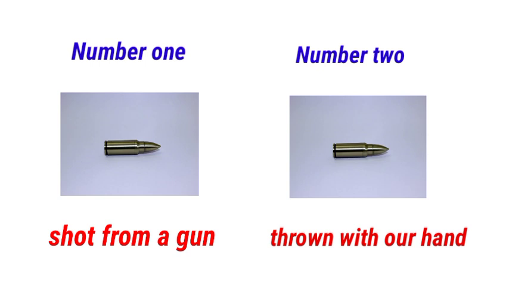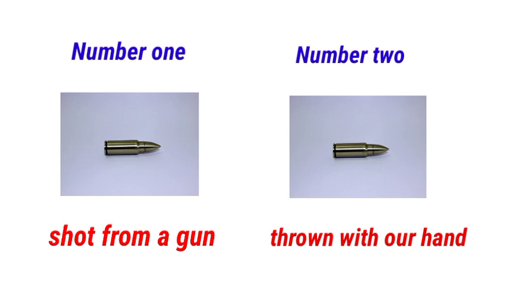The first bullet which was shot from a gun penetrates into the wall, but the second bullet which was just thrown with our hand hardly makes an impact on the wall. So from here we conclude that bullet 1, shot from a gun, makes more impact as compared to the bullet which was simply thrown with our hand.